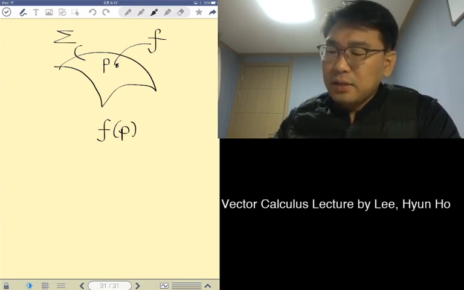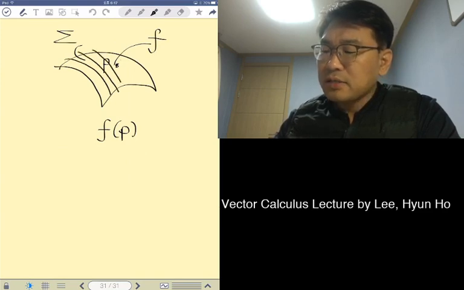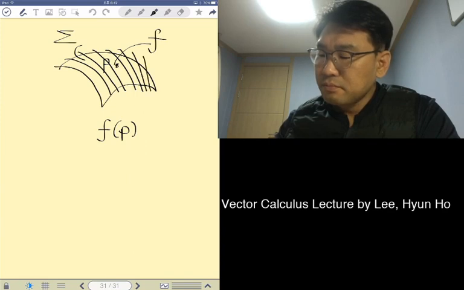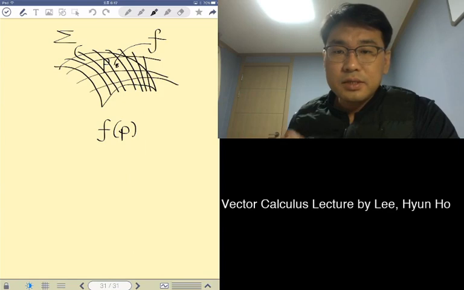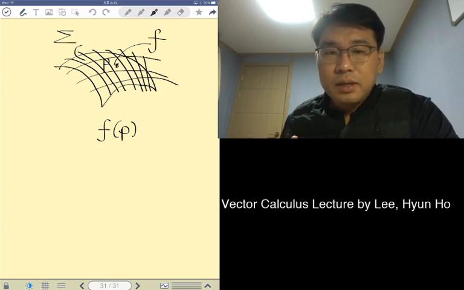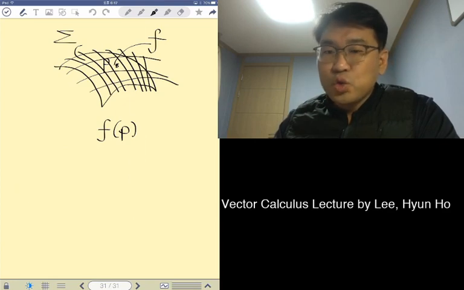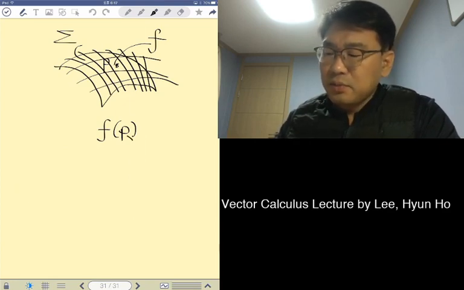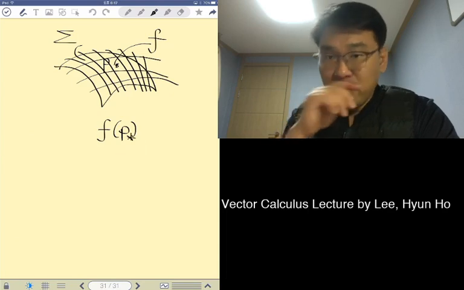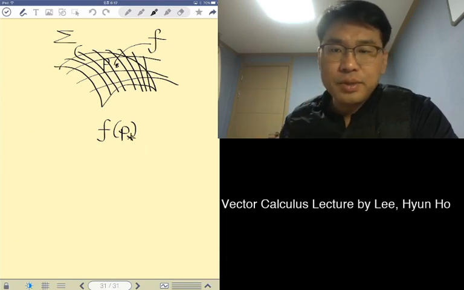You divide the surface into small pieces of area, and then you choose one point in each piece, let's say P star; you can pick any point there.